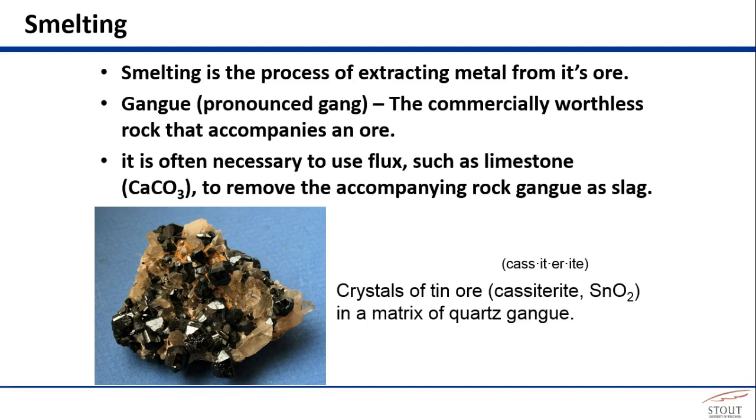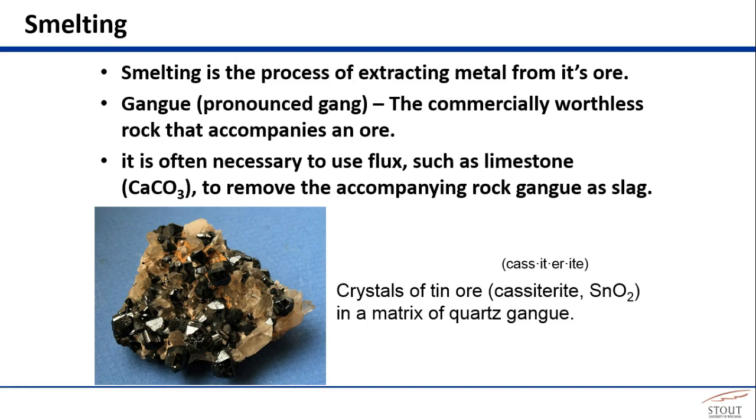So it's often necessary to use a flux, much like the flux that we used in making glass this week in lab, but now it's for a different, or a related but different, purpose. So often limestone is the cheapest form of a flux that's effective at melting silicates.